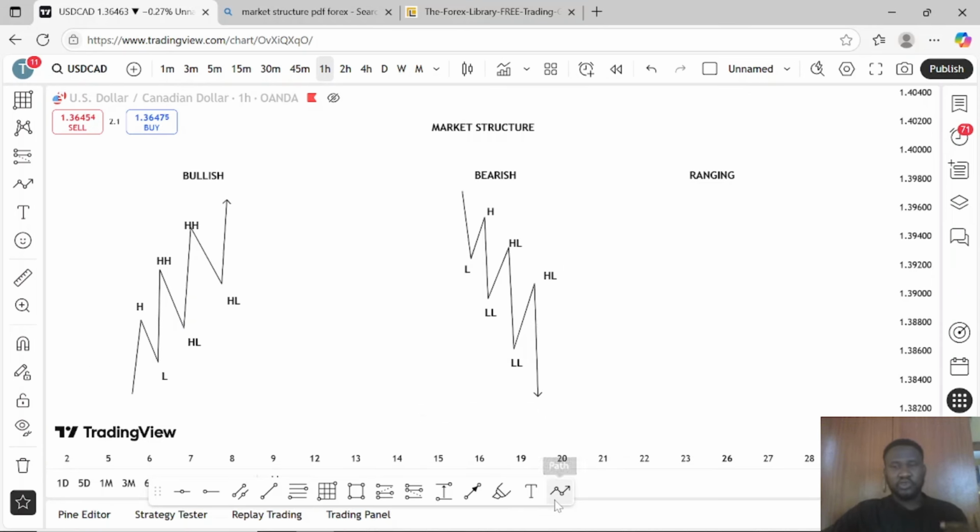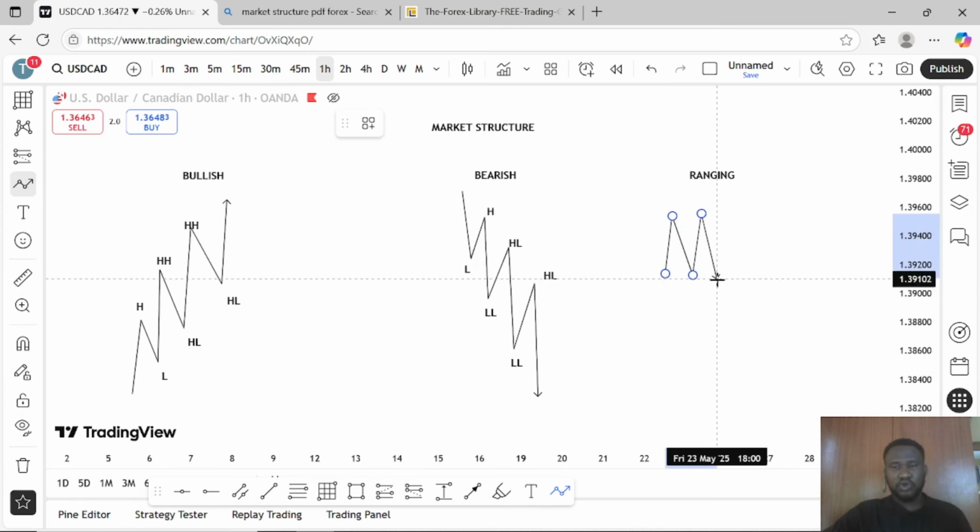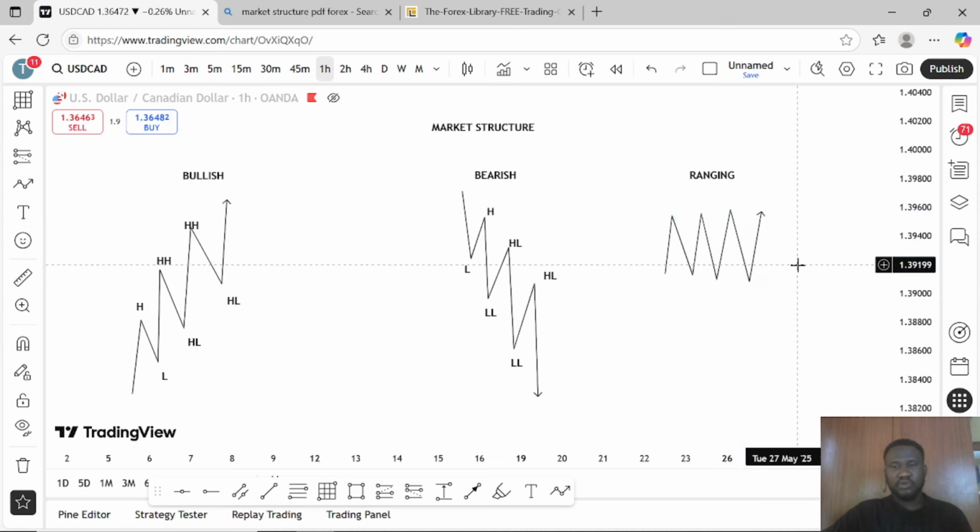And when it comes to the ranging market, it ranges this way, having the same equal movement to the upside and to the downside, without any break of structure.